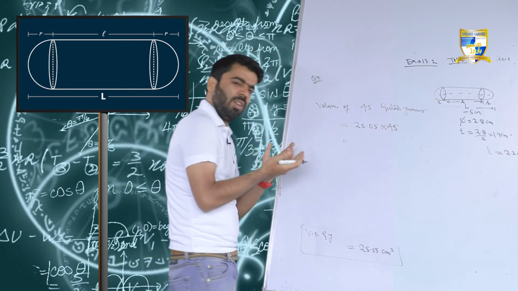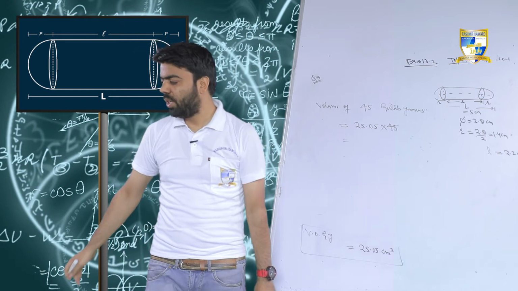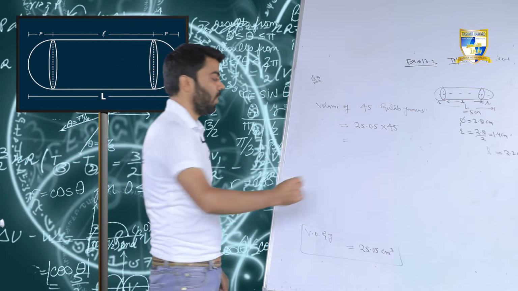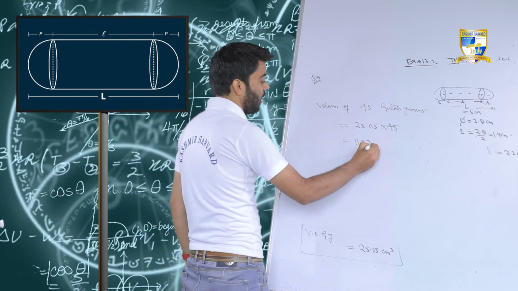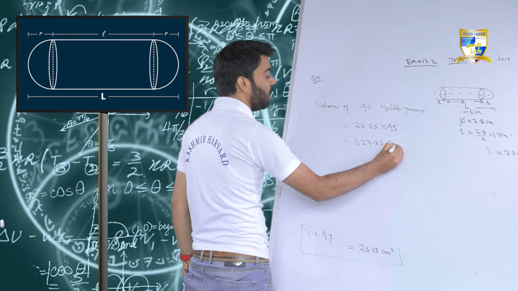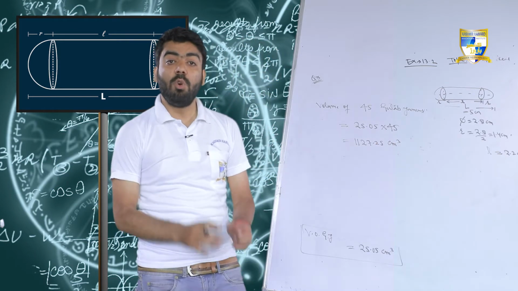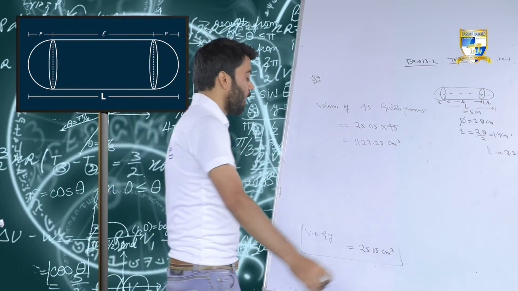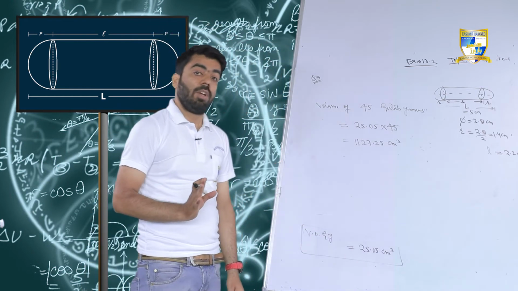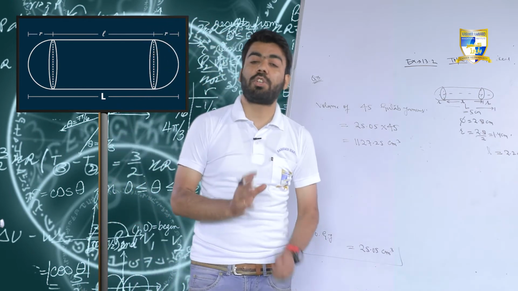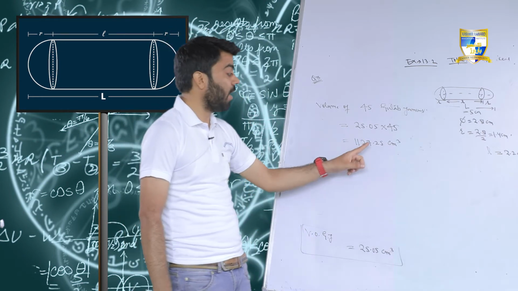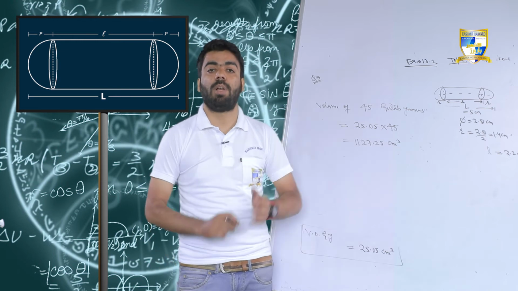So simple, do the multiplication and we can get the value equivalent to 1127.25 centimeter cube. This is the volume of 45 gulab jamuns, right? But the question says, find the approximate sugar content, that's the sugar syrup content of 45 gulab jamuns.